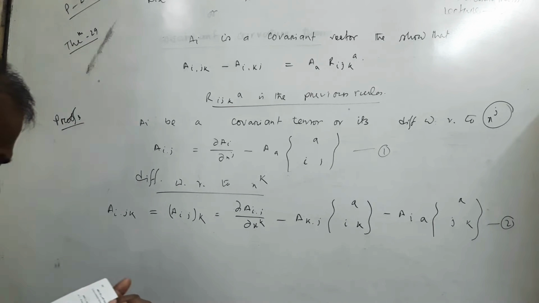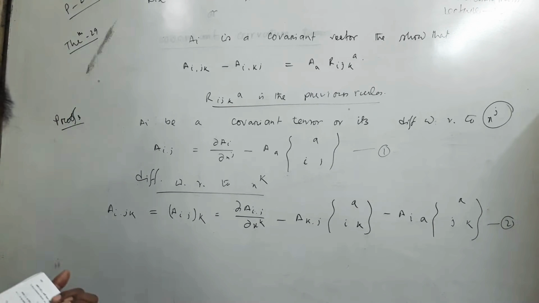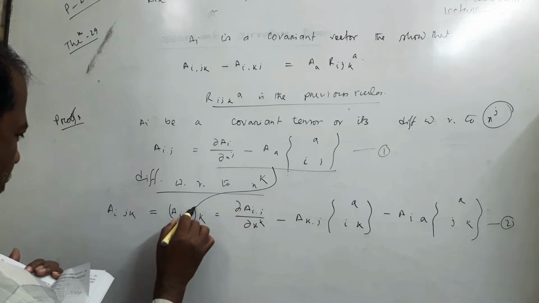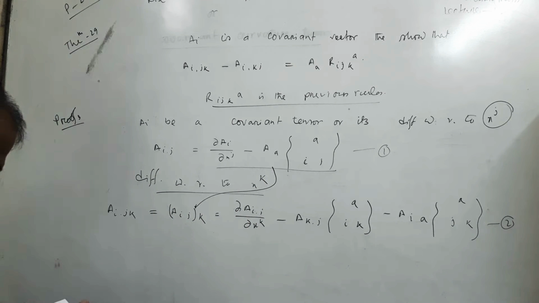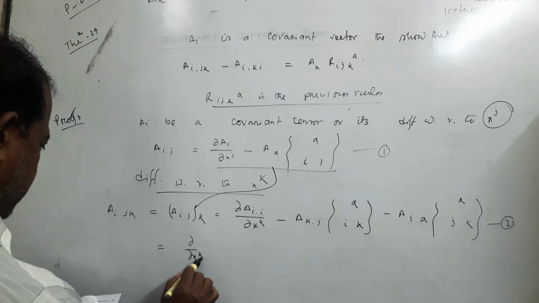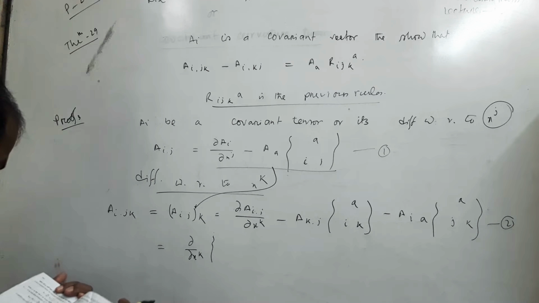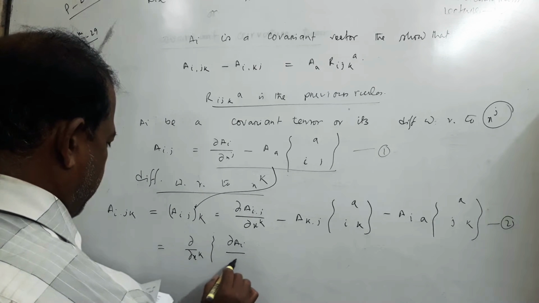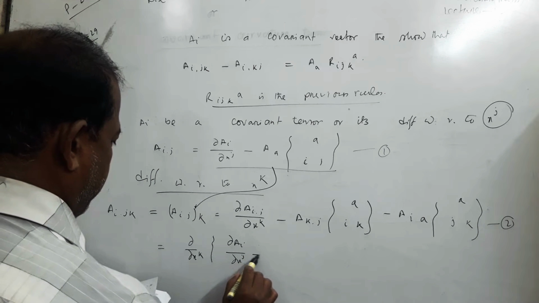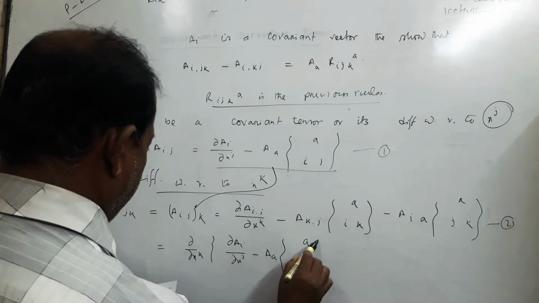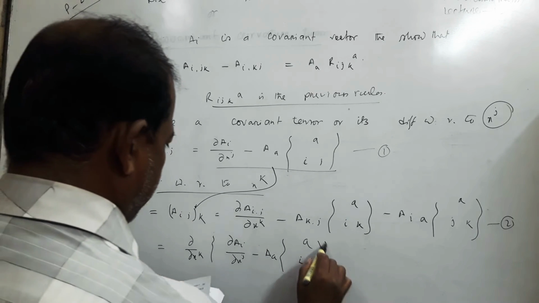Now from 1 and 2 we get, that implies del by del xk of del ai divided by del xj minus a into a I j.